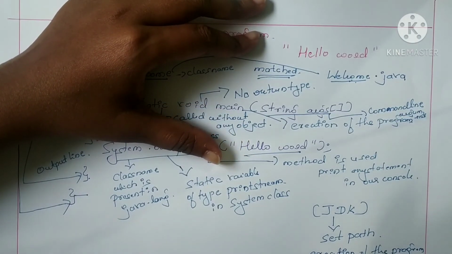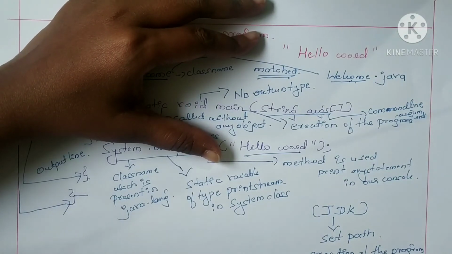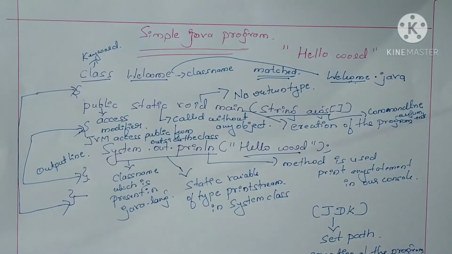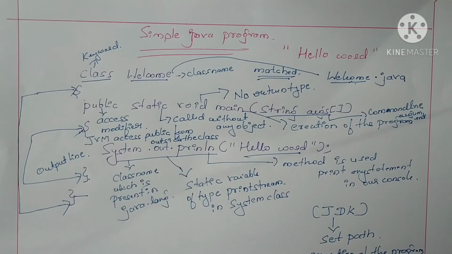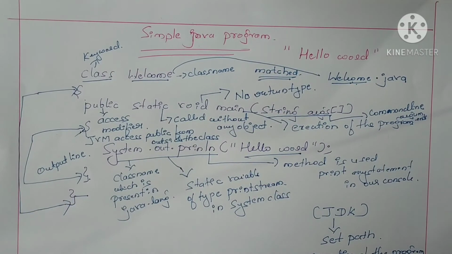Next the Welcome.class file, or a bytecode file, can be obtained. Then next we are going to run java Welcome. Then our program will be executed and print hello world in our console.